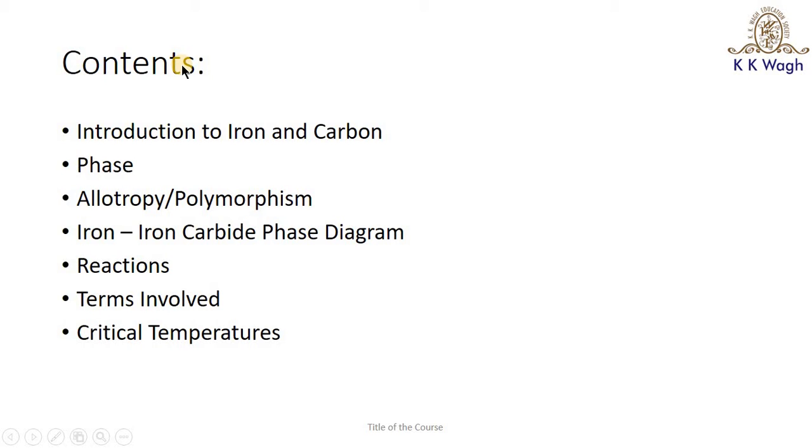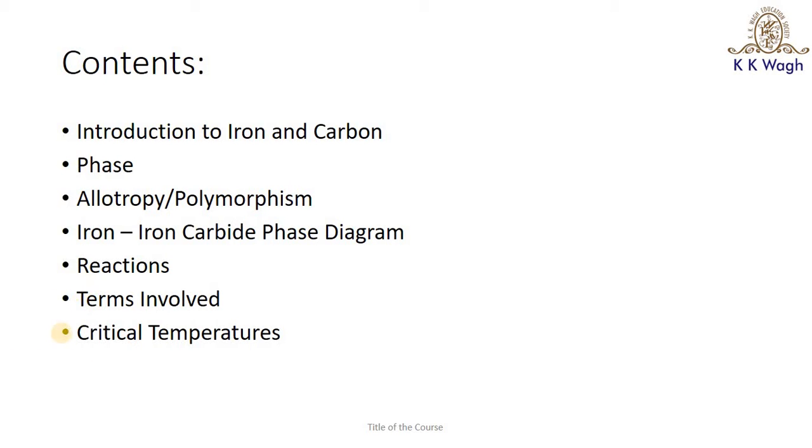Then what are the contents? In this course, you will be introduced to the basic concepts of iron and carbon. Then we will be discussing what is called a phase, then what is called allotropy and polymorphism. What is the difference between allotropy and polymorphism?